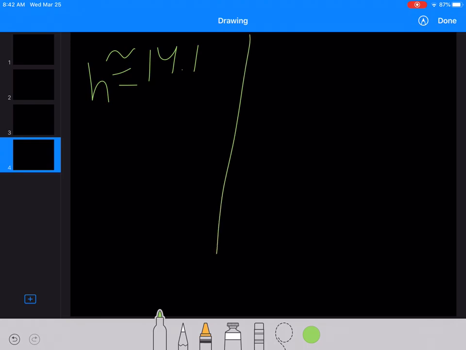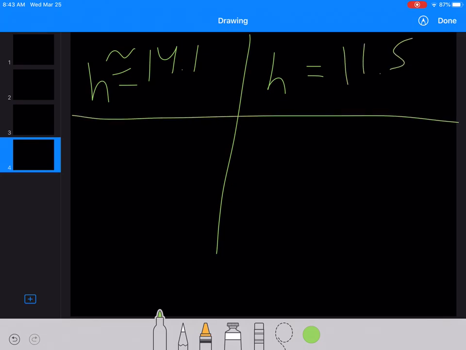And the right side's h is going to be approximately 11.5. Alright, so now we have the height of the cones. So what we can do now is figure out the volumes.